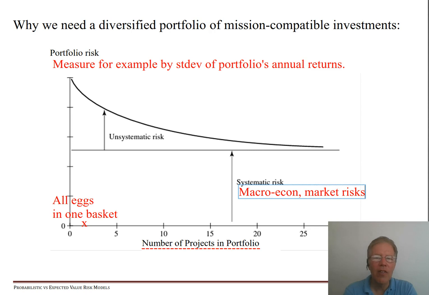And our unsystematic risk is going to be what? Our stupid manager risk. Okay. So we can diversify away stupid manager risk by having a bunch of different projects in our portfolio.